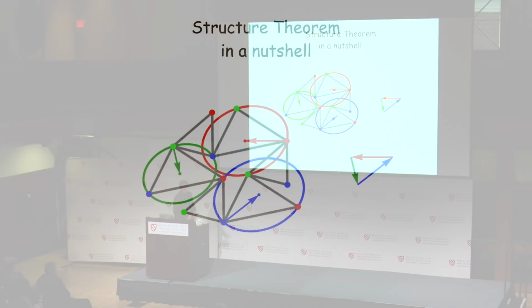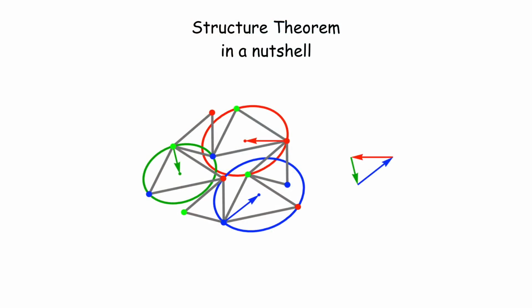So here I want to summarize with another drawing what the result is. So I need the initial illustration. If you recall, I had an illustration with red, green, and blue vertices. That is the pattern here.